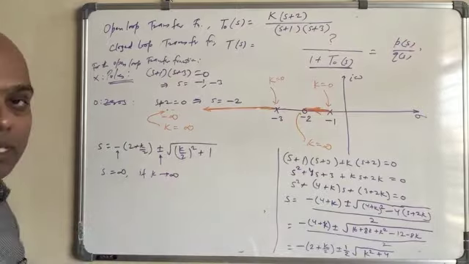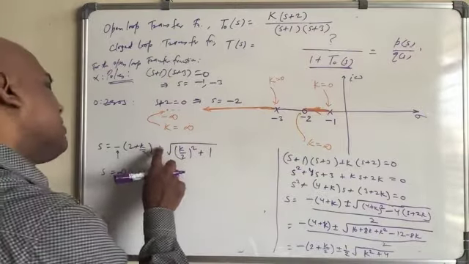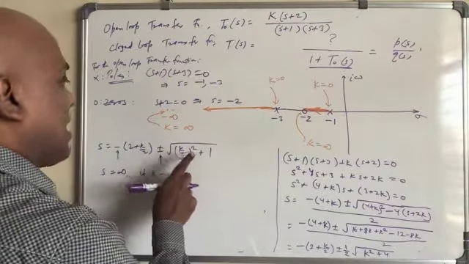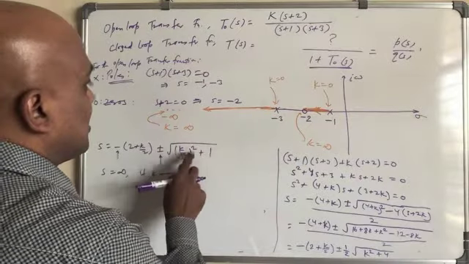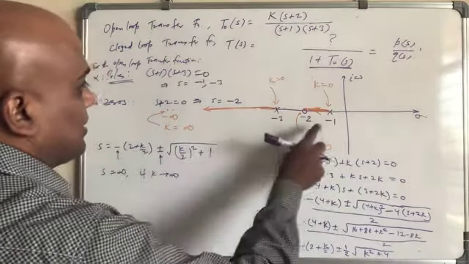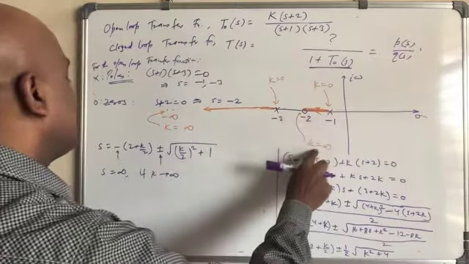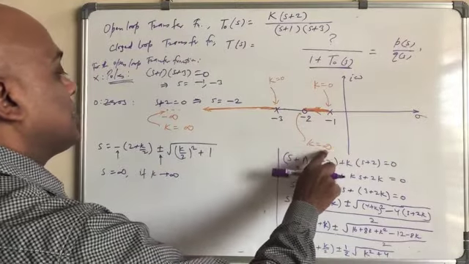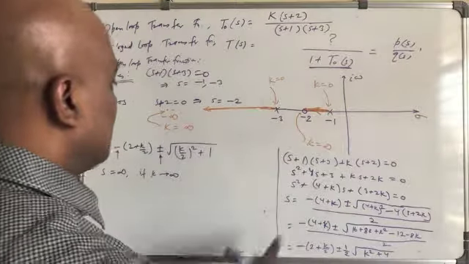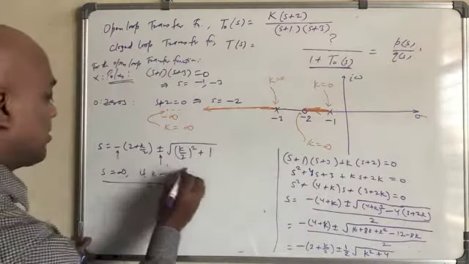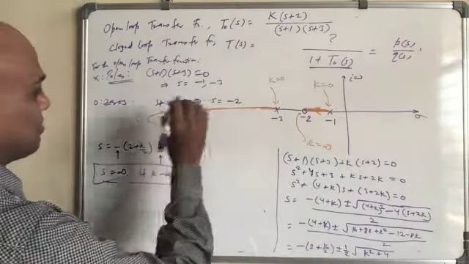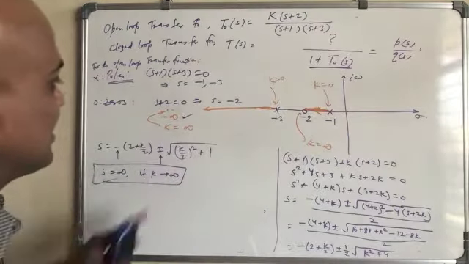The other may not be, but we already found the other value, that is S becomes minus 2 when k equals infinity. So that really means one of the roots is at infinity. Hence, what we see here.